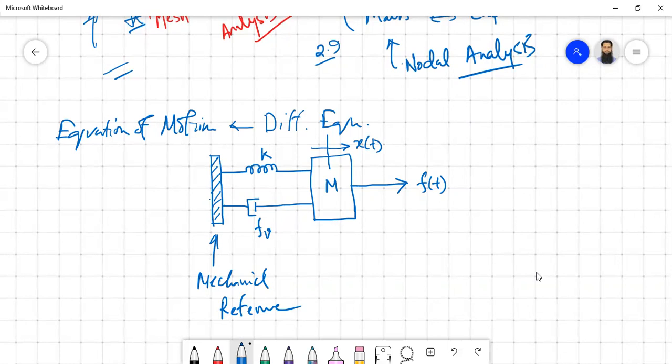Just like in the electrical system, in a loop we assume a current direction. Say we have an electrical system something like this, and then we have a component. Maybe some other loop is also there, but don't worry about those.